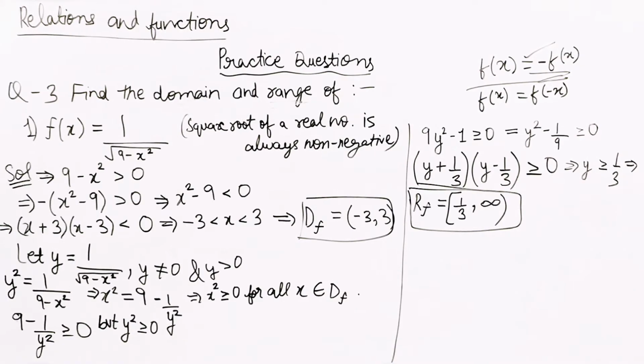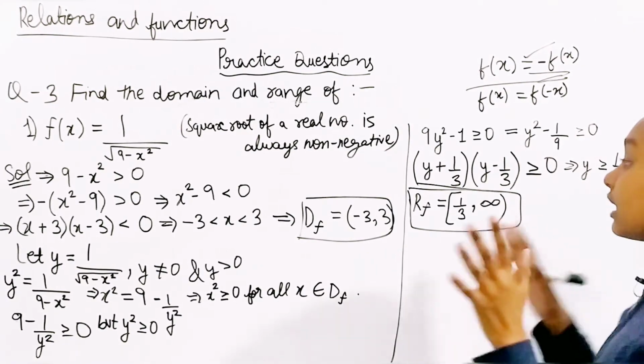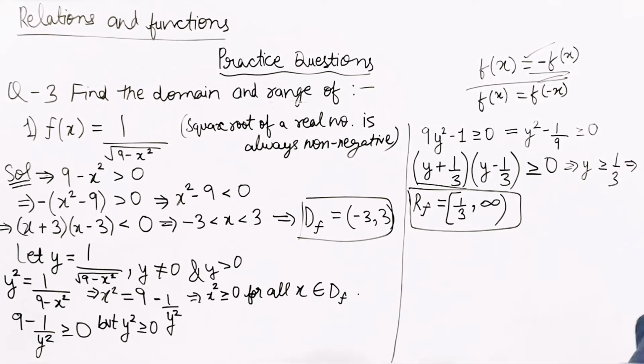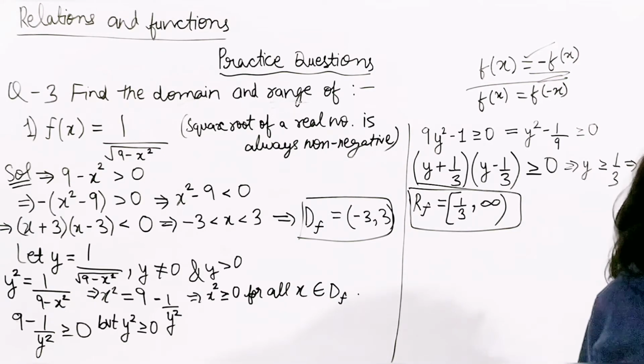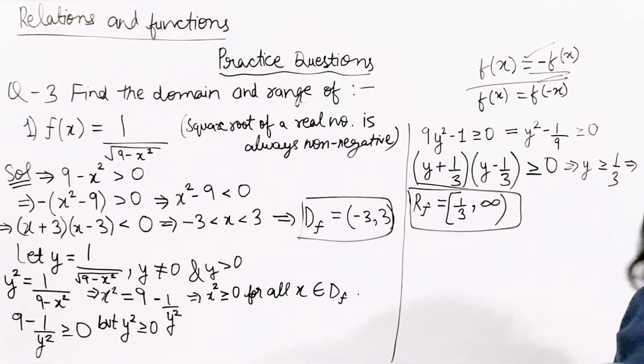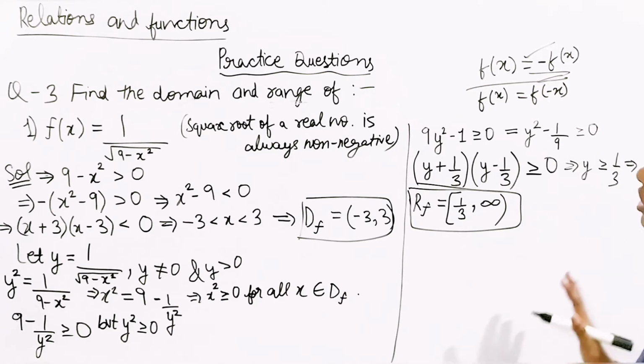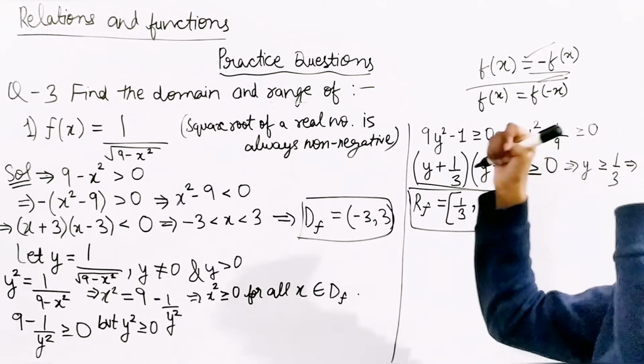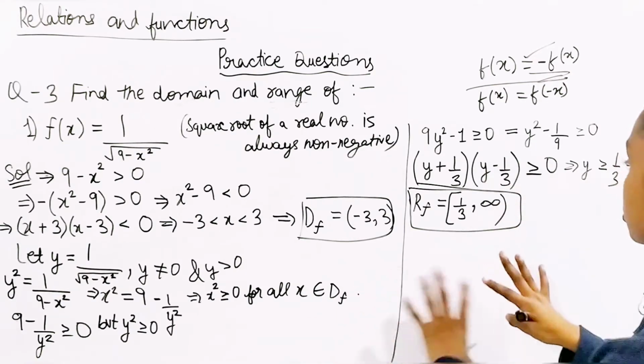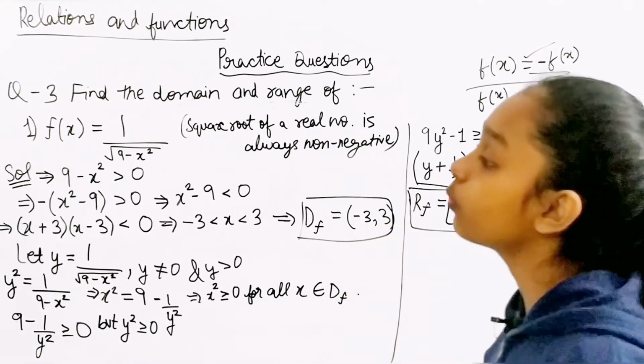But the third thing, it is sure that y is going to be greater than 0. That was kind of fun, I think. It was a little bit confusing, but we saw it in a really easy way.